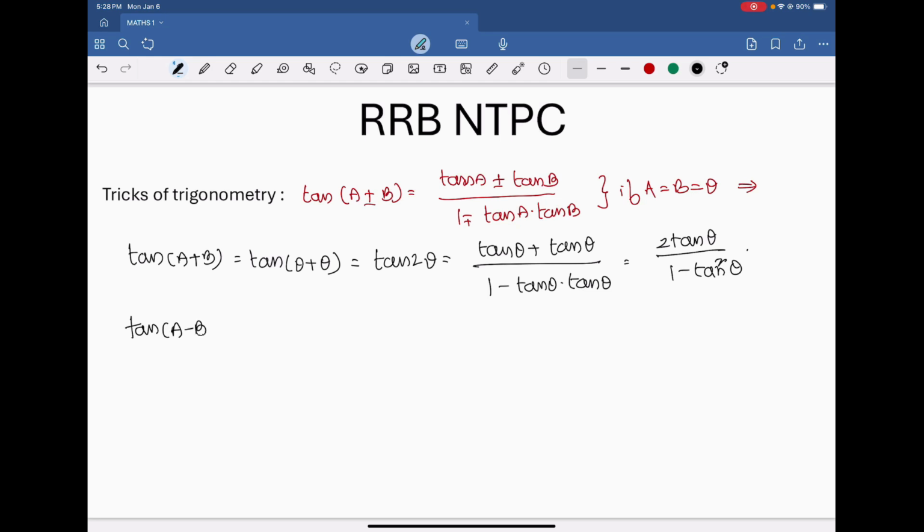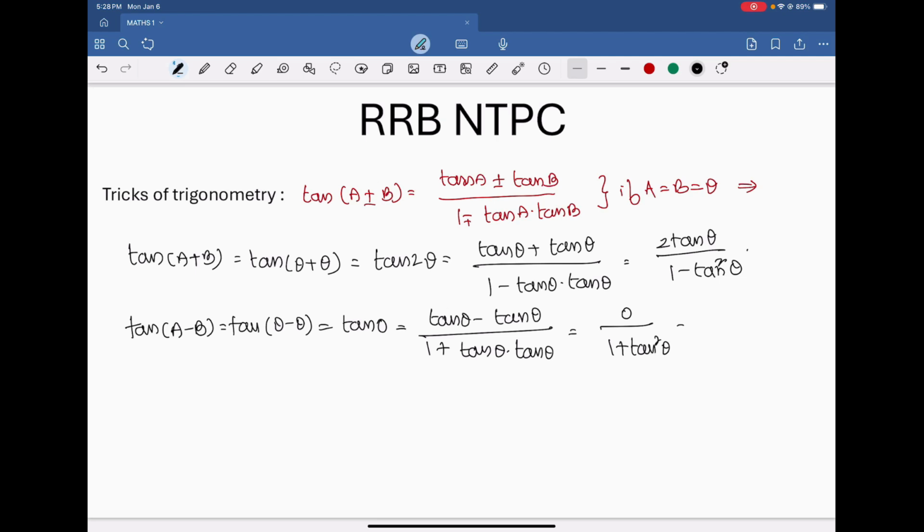Similarly, for tan A minus B, that is equal to tan theta minus theta, that is equal to tan 0, that is equal to tan theta minus tan theta. Don't forget the signs. 1 divided by 1 plus tan theta into tan theta, that is equal to 0 by 1 plus tan square theta, that is equal to 0. 0 divided by something is always 0.